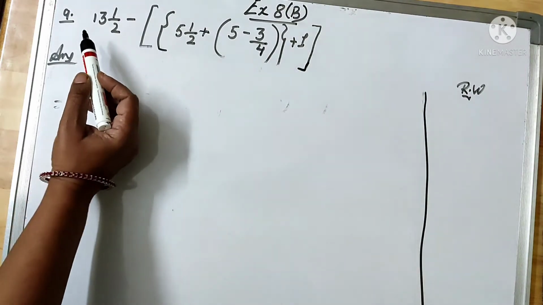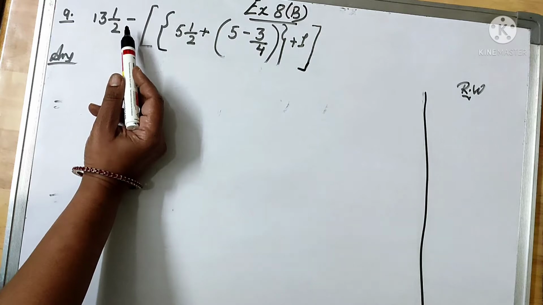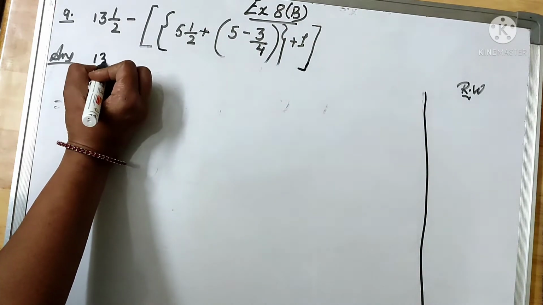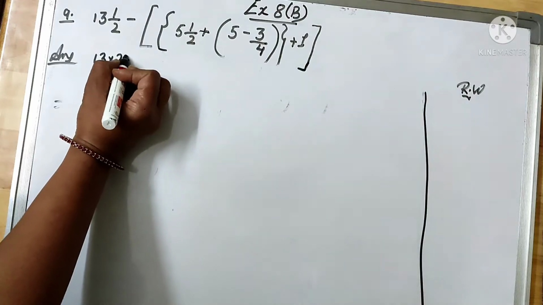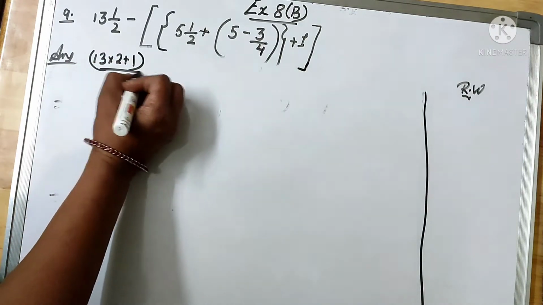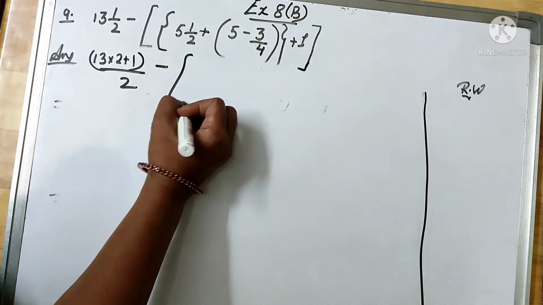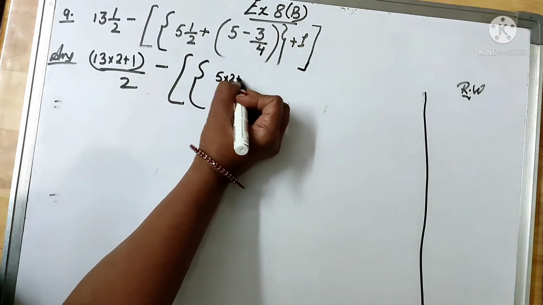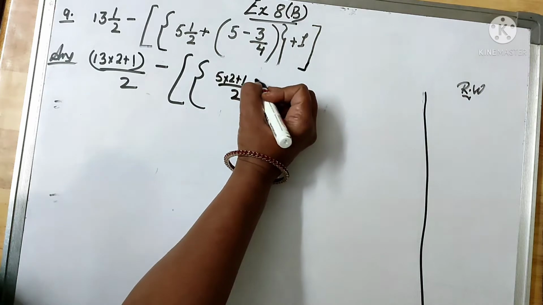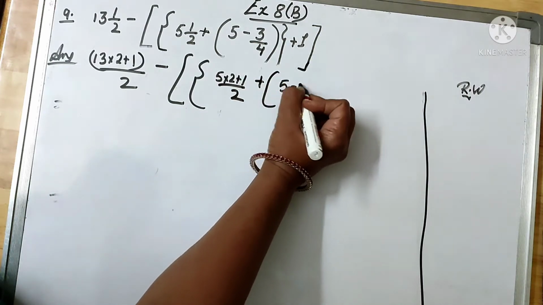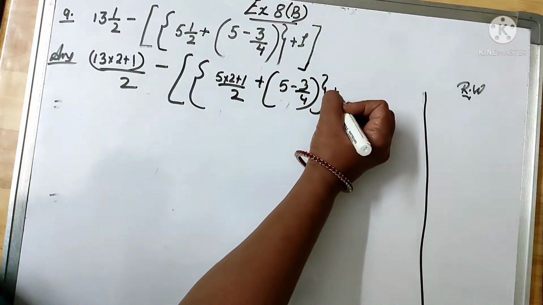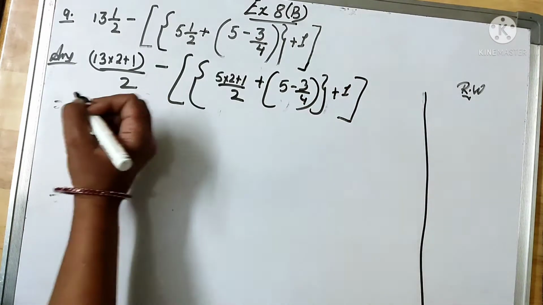First what we are going to do is we will convert these mixed fractions into improper fractions. So it comes out to be 13 into 2 plus 1 by 2 minus curly bracket 5 into 2 plus 1 by 2 plus inside the 5 minus 3 by 4, this round bracket closed, curly bracket closed, plus 1 and then the square bracket closed.